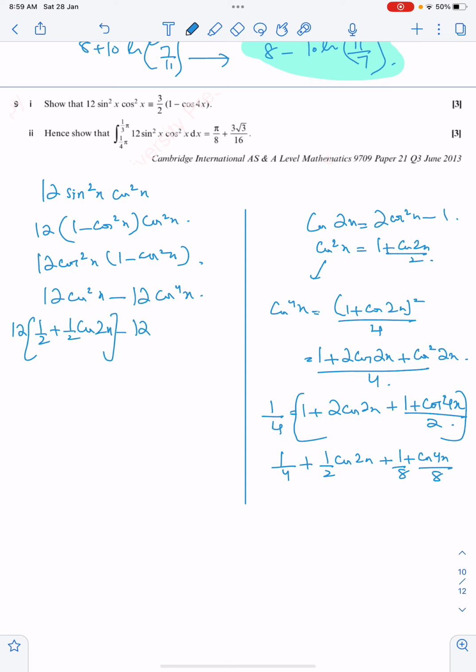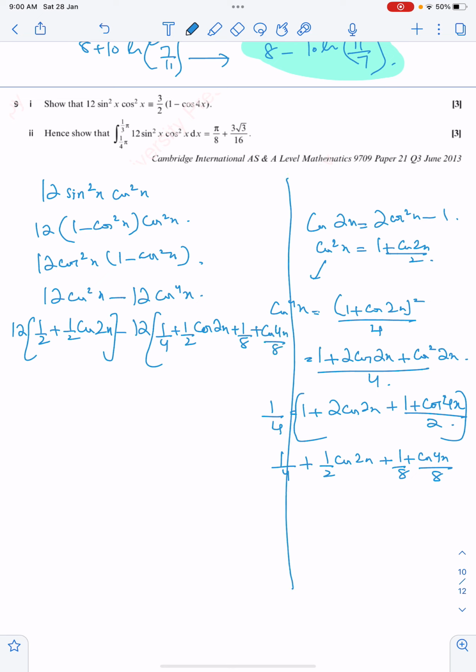Minus 12 into, I have to write down this whole thing now. 1 upon 4 plus 1 upon 2 cos 2x plus 1 upon 8 plus cos 4x upon 8.